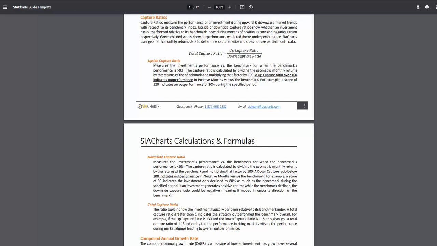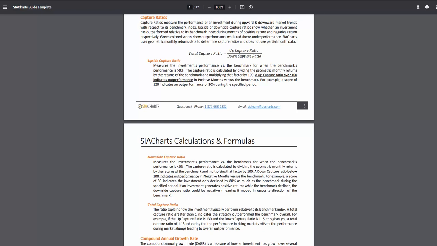Now, if we individually take a look at how the upside capture ratio is calculated, it's looking at the investment, or in this case a model, its performance every time the benchmark has a monthly return of more than 0. It then looks at your model or your investment and sees if that return is also more than 0.